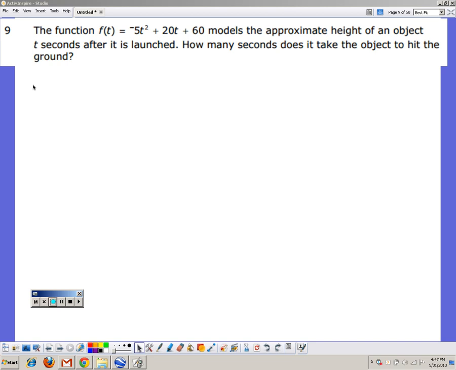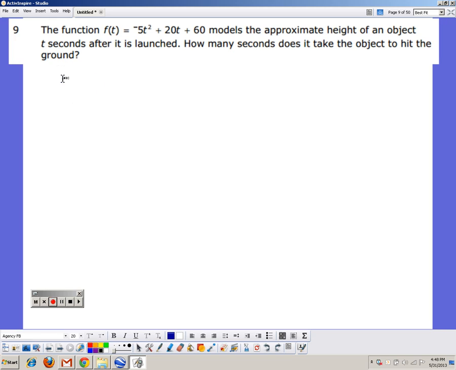Number 9, they give you a function and they want to know how many seconds does it take the object to hit the ground. Well, if it hits the ground, it is no longer moving. So we're going to take our equation that they give us and set it equal to 0. So we got 5t squared plus 20t plus 60, and we're going to set it equal to 0.